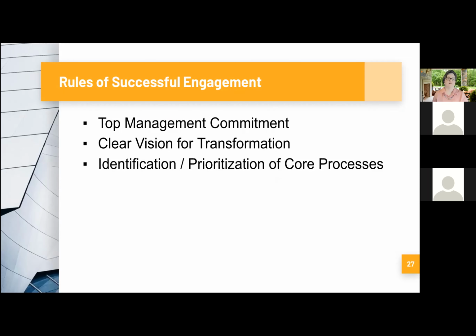You want to identify and prioritize all your core processes. I've kind of reiterated that a couple of times, so I won't continue beating that dead horse. You have to have committed resources for the effort. And when we started down this path and we finally got the green light, we spent several months telling people, we can't just continue to do your web optimization projects.